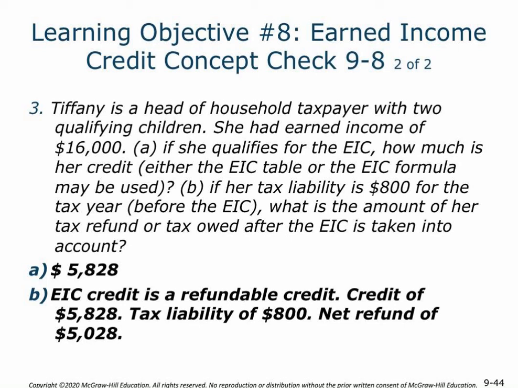And the earned income credit is a refundable credit. If she had tax liability of $800, she's going to get a net refund of the $5,828 credit, minus the $800 that she'd need to pay to satisfy that tax liability. So $5,028 would be the net refund.